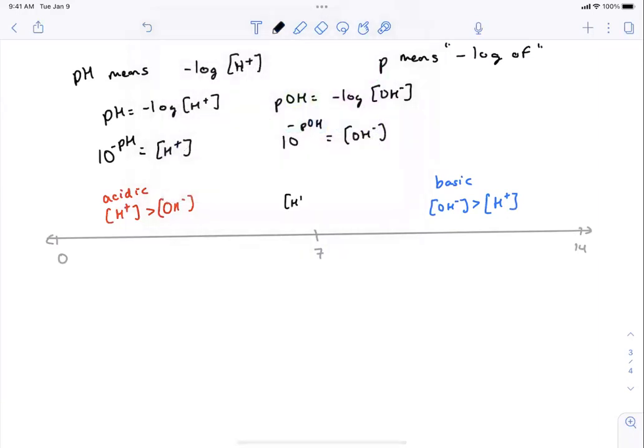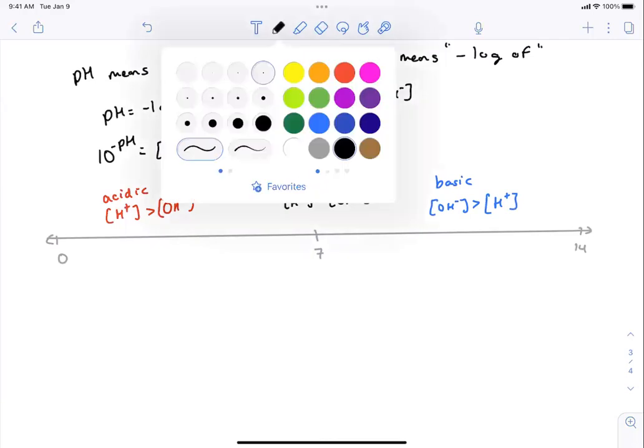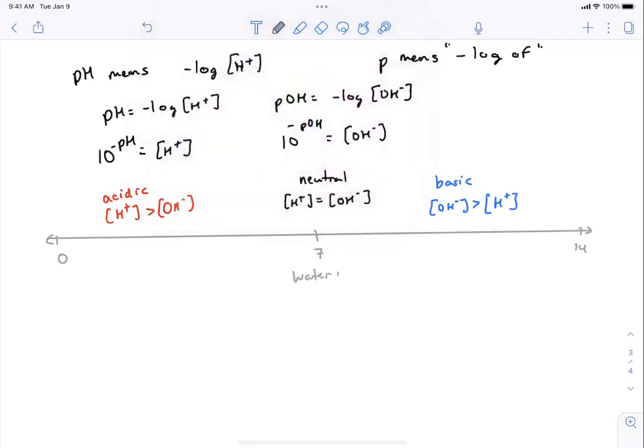At 7, your H plus concentration equals your OH minus concentration, and that's what we call neutral. And you should remind yourself that water is always neutral. Water is always neutral.